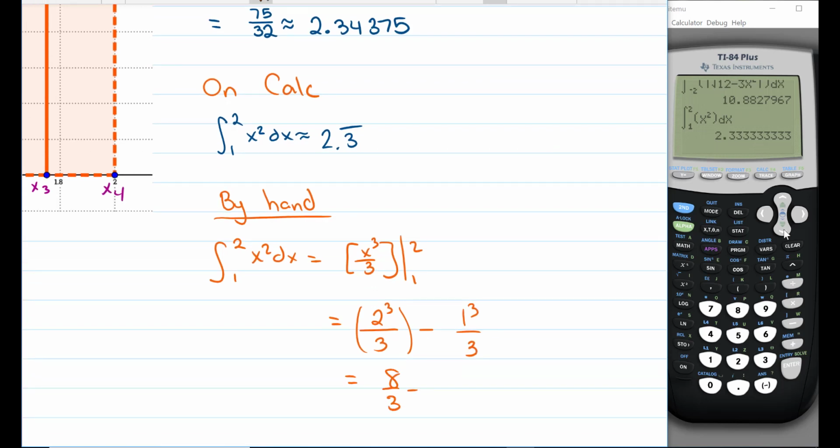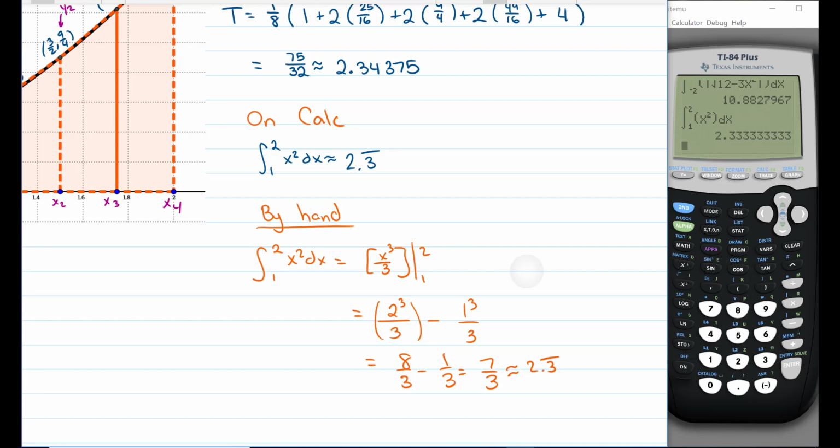So 8/3 minus 1/3 is 7/3, which is about 2.3 with a line over it. So you can see that the trapezoid method is very close. Much better than MRAM, actually.